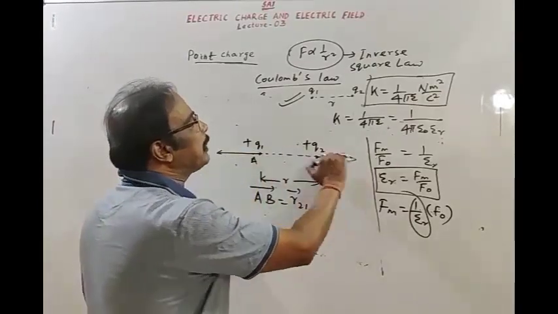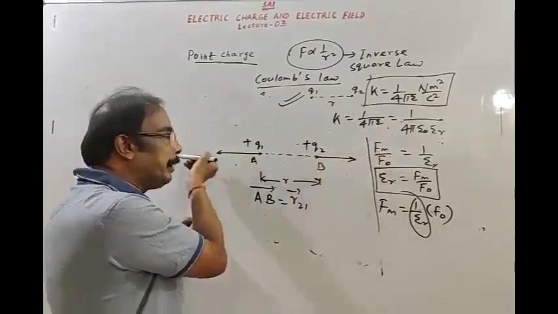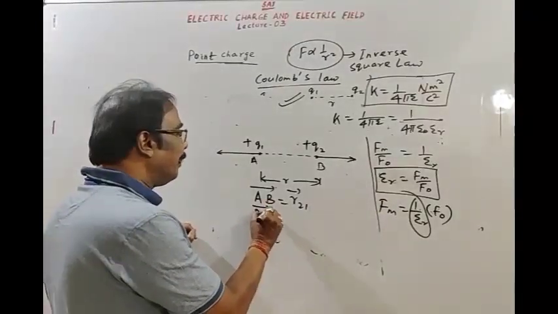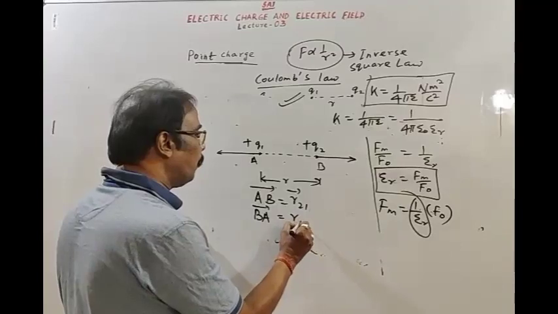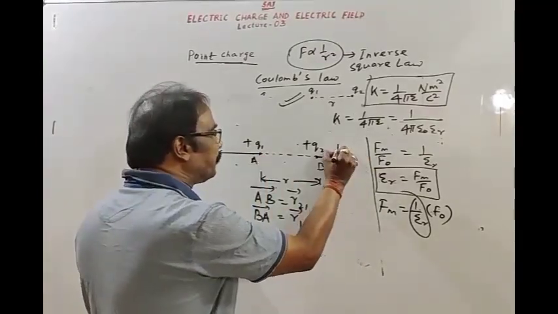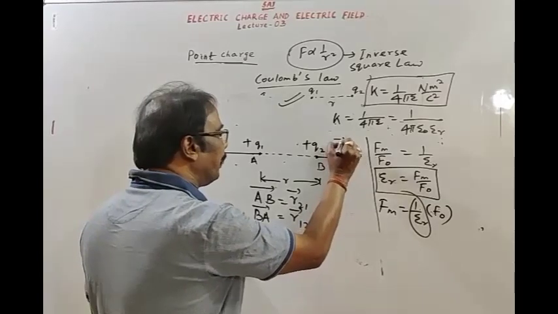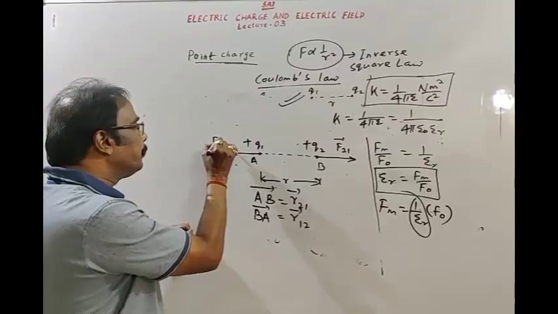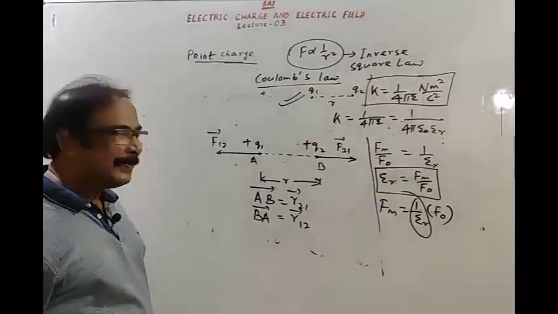If A to B is along positive x-axis, then B to A is along negative x-axis. Then from B to A, let's take R12. Then Q1 repels Q2 with a force F21 and Q2 repels Q1 with a force F12. Okay.